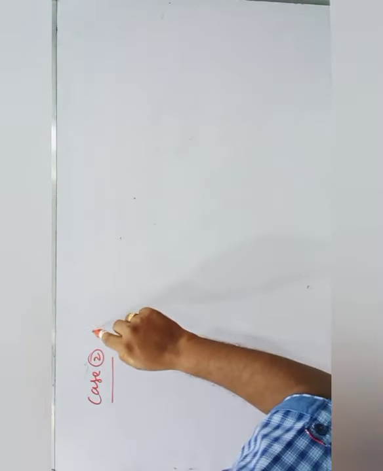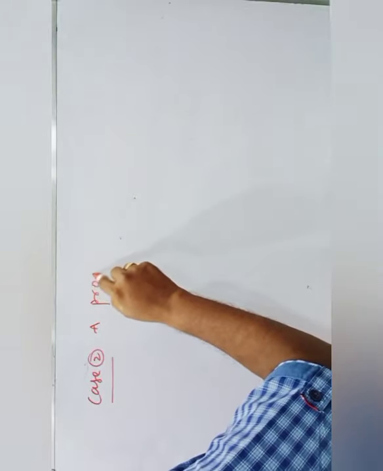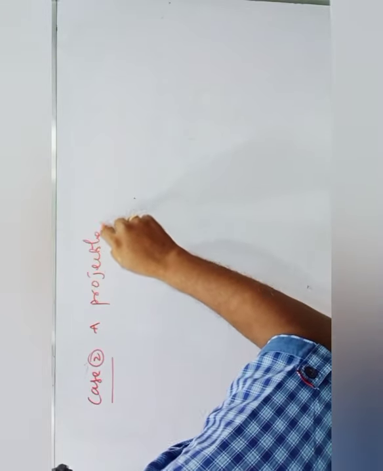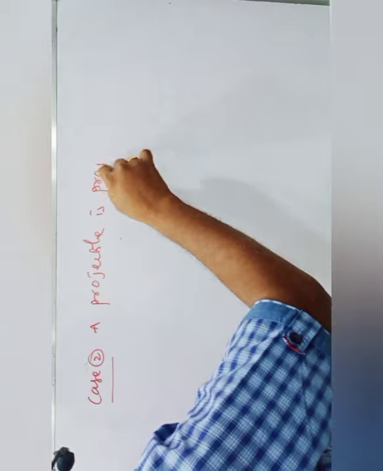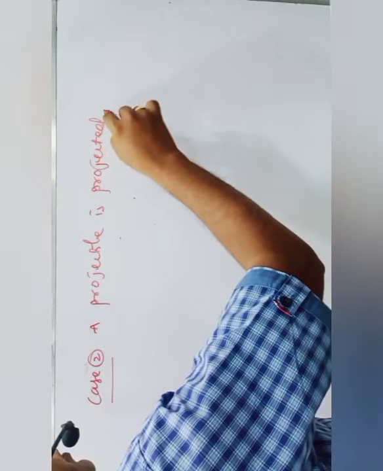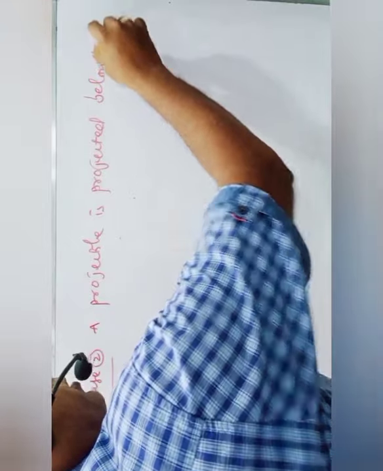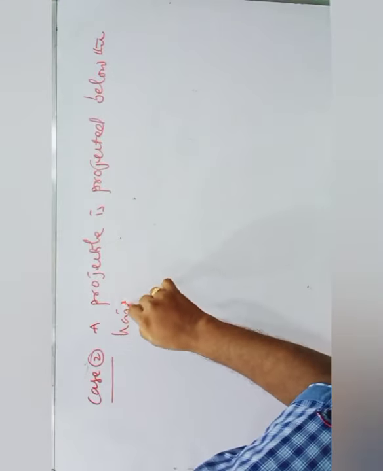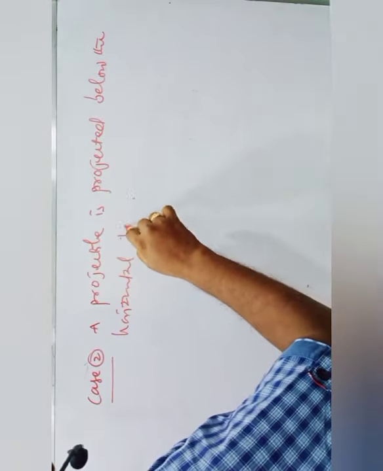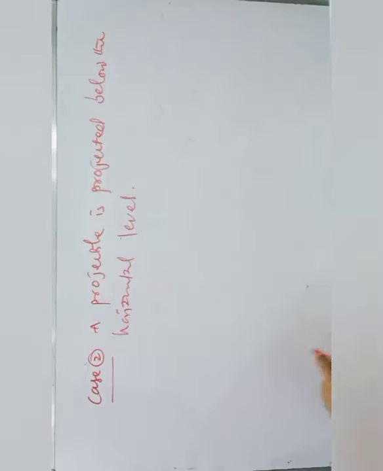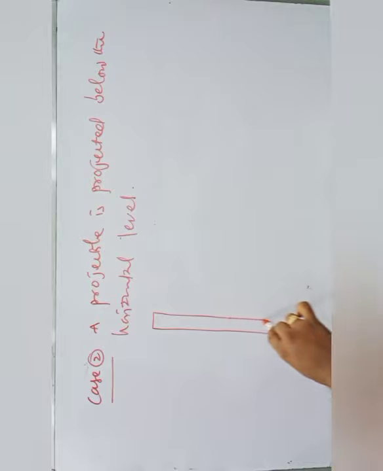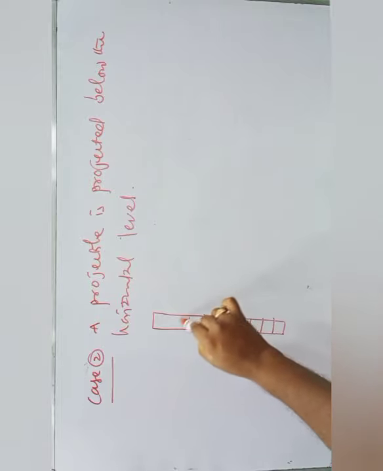Case 2: a projectile is projected below the horizontal level. Look here, this is the tower, height h.